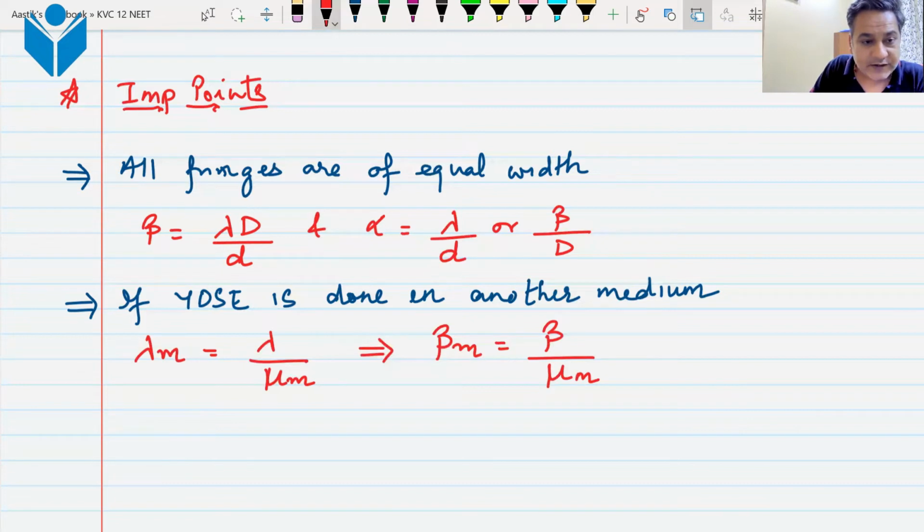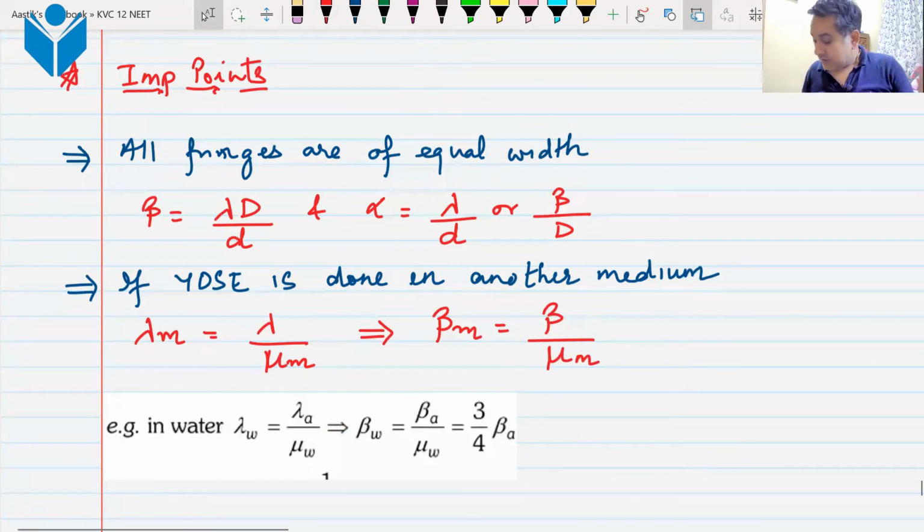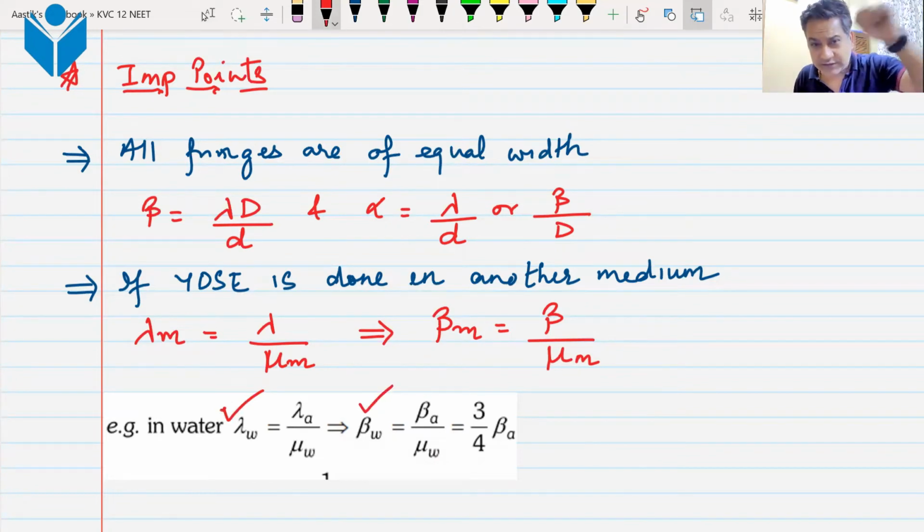For example, if I conduct this experiment in water, we all know the refractive index of water is 4/3. Yes or no? Do we remember this? Yes, sir. So the lambda in water will become lambda divided by mu, and fringe width in water will become fringe width in air divided by mu.